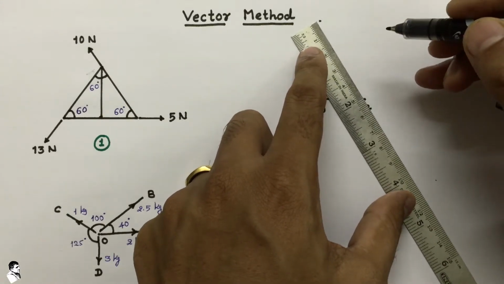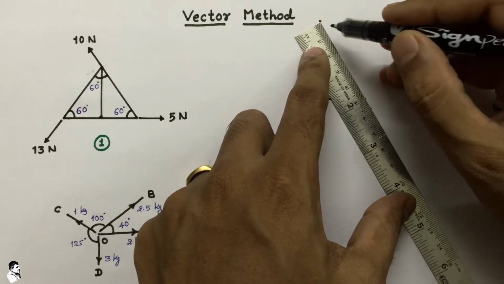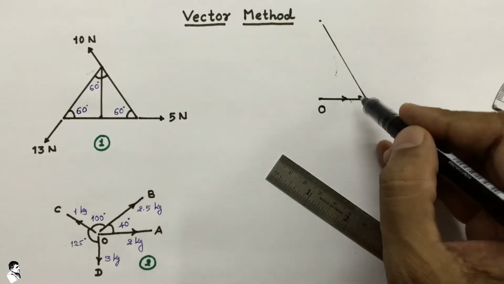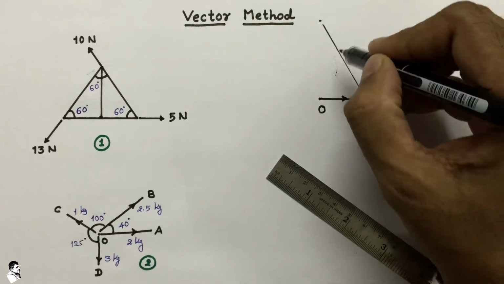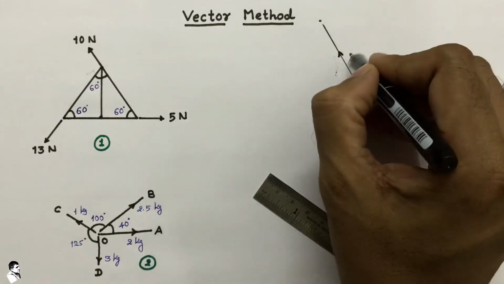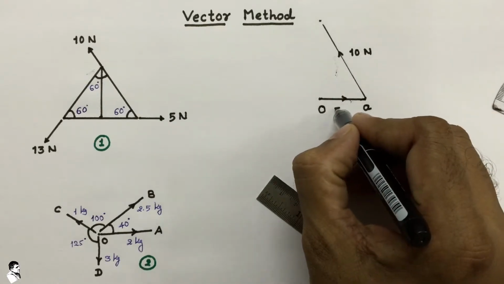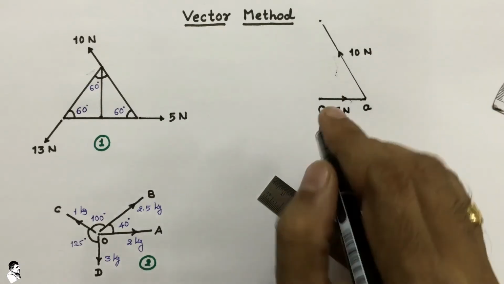So here we have a line of 5 Newton, considering this angle as 60-degree. So this force is the 10 Newton force, and this is the 5 Newton force.